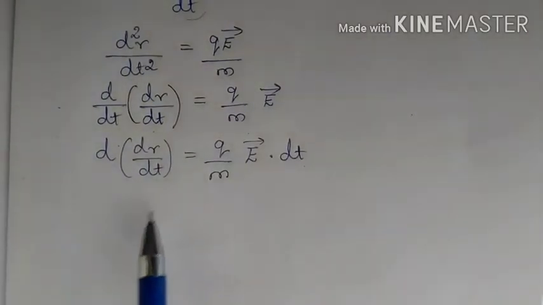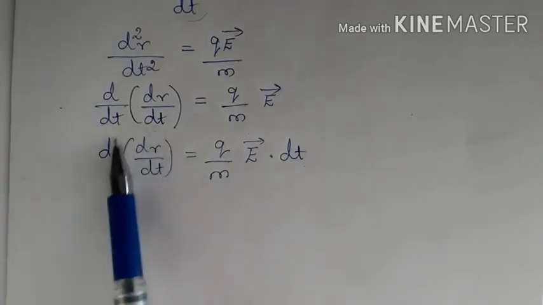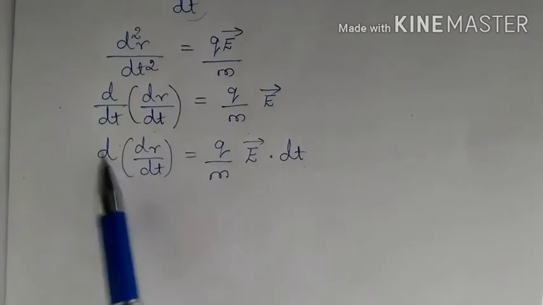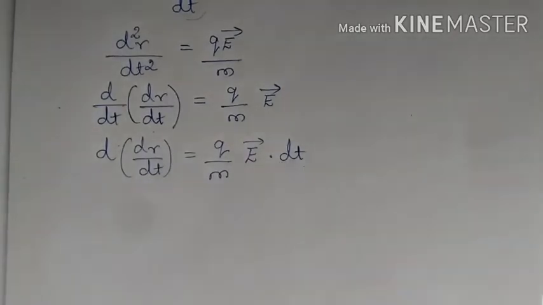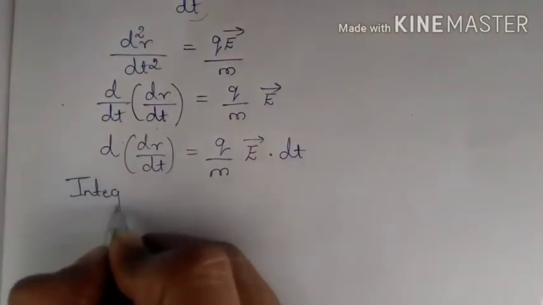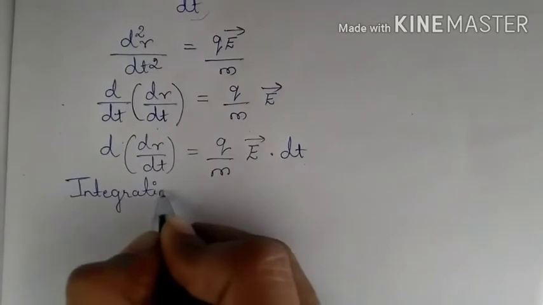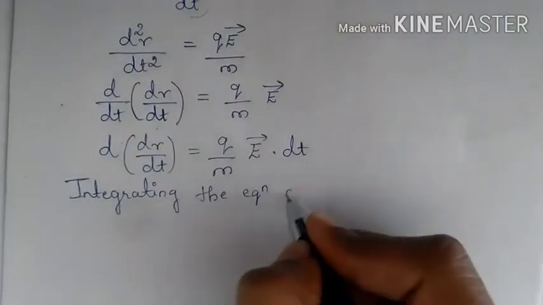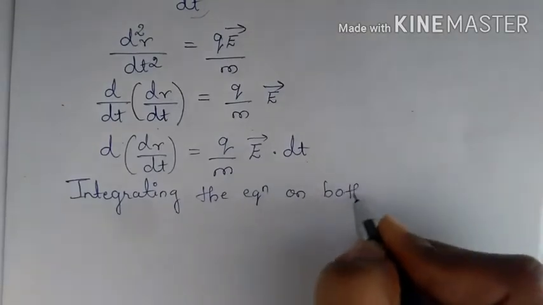So now I need an equation in terms of the velocity of the particle. To eliminate this d, I can integrate this equation on both sides.